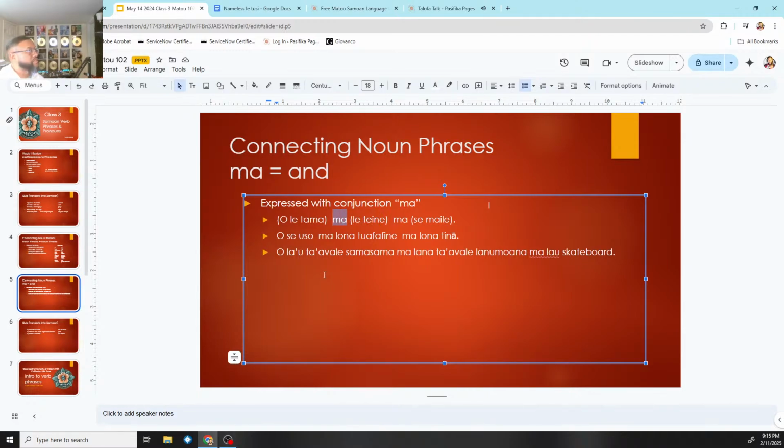Just with this one, you can say, I don't know if you can see my soda bottle, my water bottle, ma le telefoni. Sorry, it's plugged into the charger, but the phone. O le fagu vai ma le telefoni. So we're using that word ma just to connect the noun phrases.